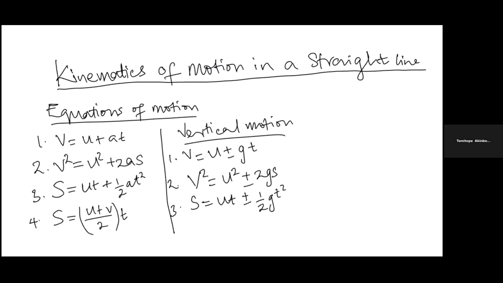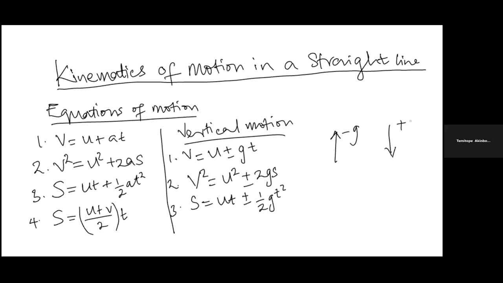So V equals U minus GT, V squared equals U squared minus 2GS, S equals UT minus half GT squared. If it is moving up, it takes negative G. If it is moving down, plus G. So take note of that.